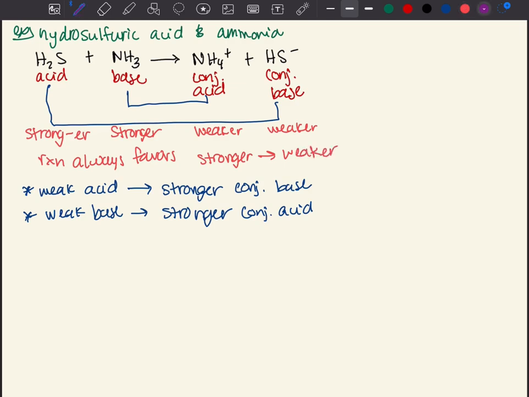So in this case, the reaction favors the products because it's going from stronger acids and bases to weaker acids and bases.